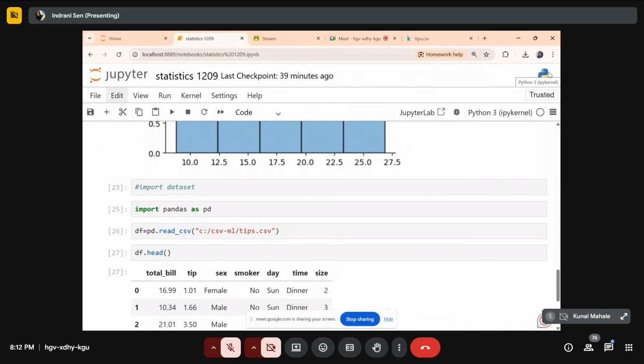Ma'am, the link which you have shared of the data set that we have to download, how will you get this?